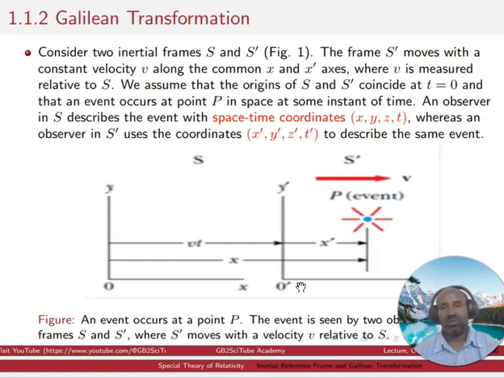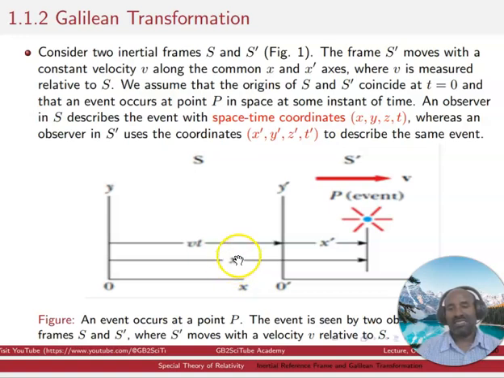The reference frame is moving only in the x direction. Therefore, the y and z components of the event observation with respect to S prime are the same. They are not changing.